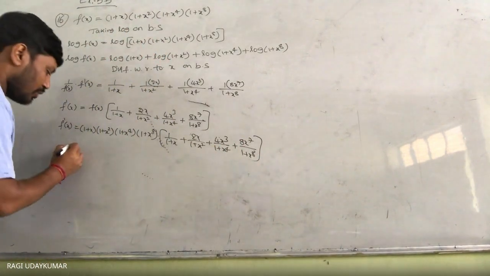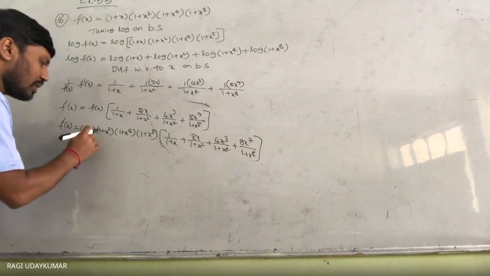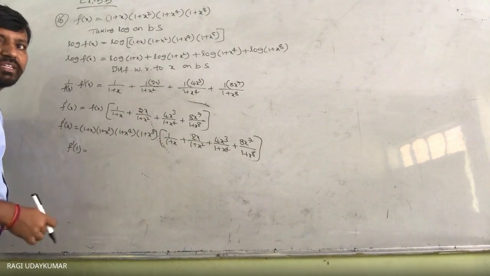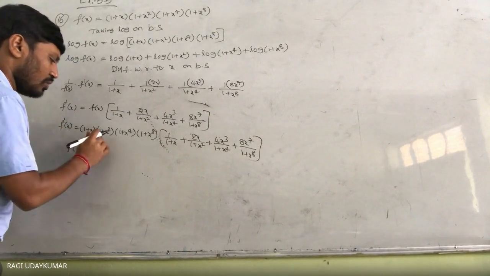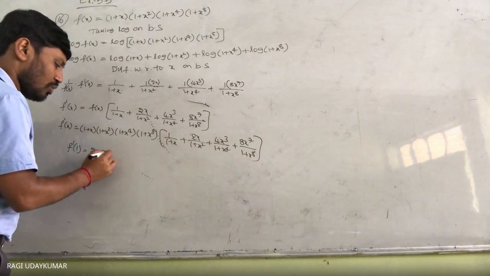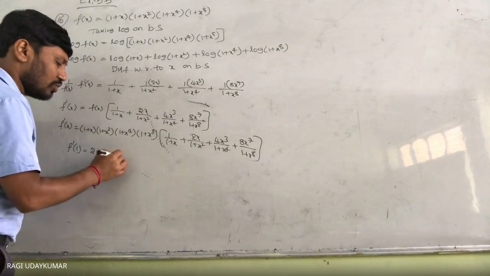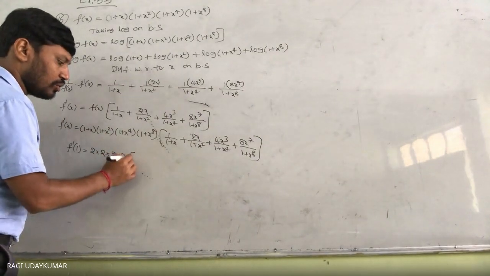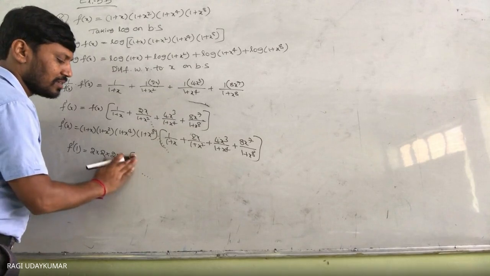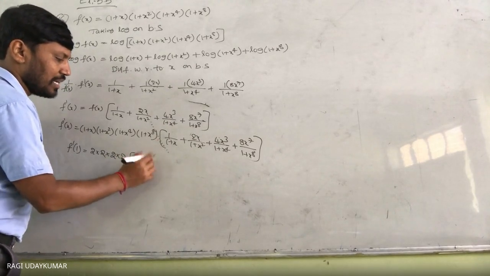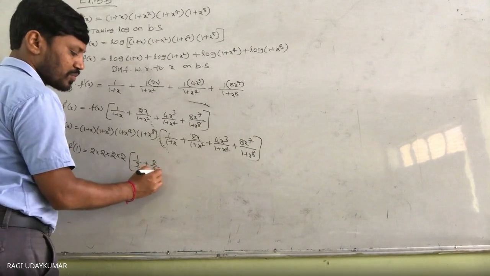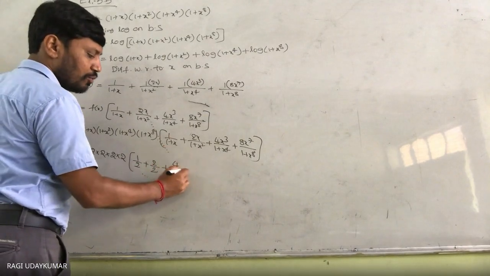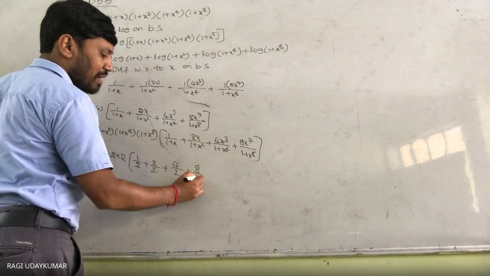And the question is asking you to find out f dash of 1. So substitute 1 in place of x, simplify, whatever number you are going to get is the final answer. 1 plus 1 is 2, 1 plus 1 square is also 2, 1 plus 1 to the power of 4 also 2, 1 plus 1 to the power of 8 also 2. 1 by 2 will come, this is 2 by 2, this is 4 by 2, this is 8 by 2.